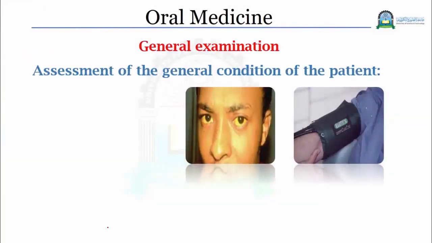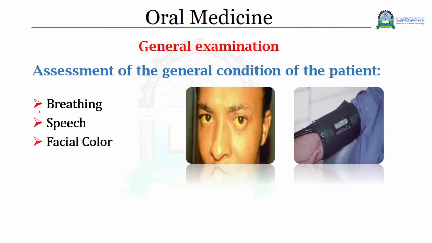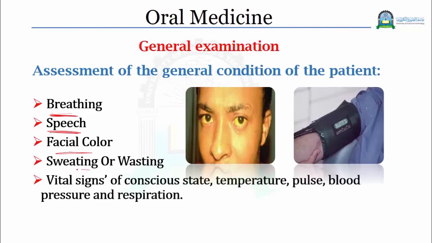In assessing the general condition of the patient, we also need to look at the face of the patient: the color of the face, breathing, and speech, how the patient talks with you, as well as any sweating or wasting. A diabetic patient may come with sweating.